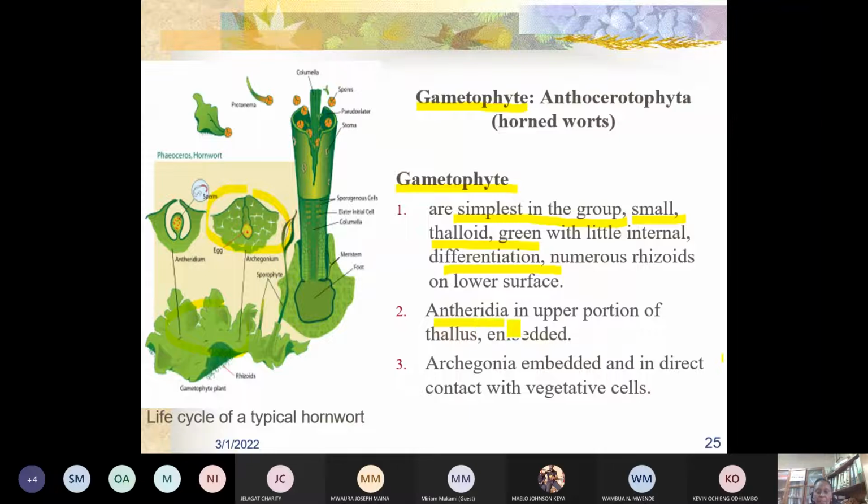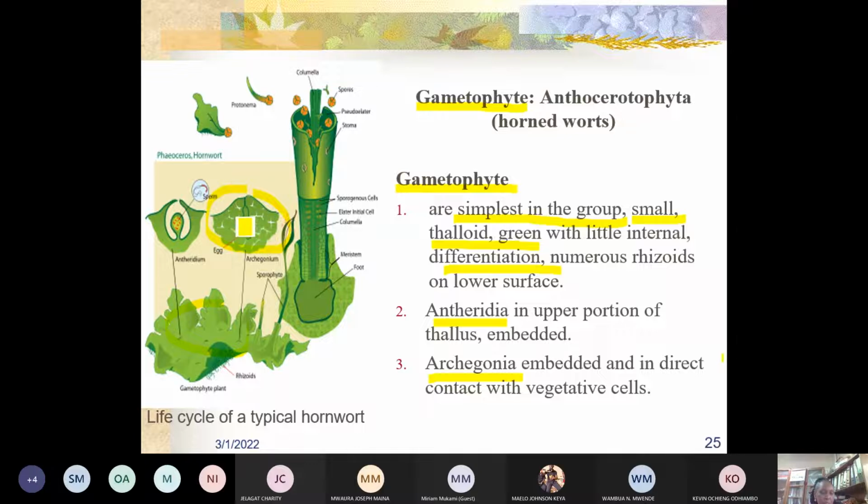Then the male and the female are usually embedded in that gametophyte. The male is usually embedded on the upper portion of the thallus, while the female is lower down.